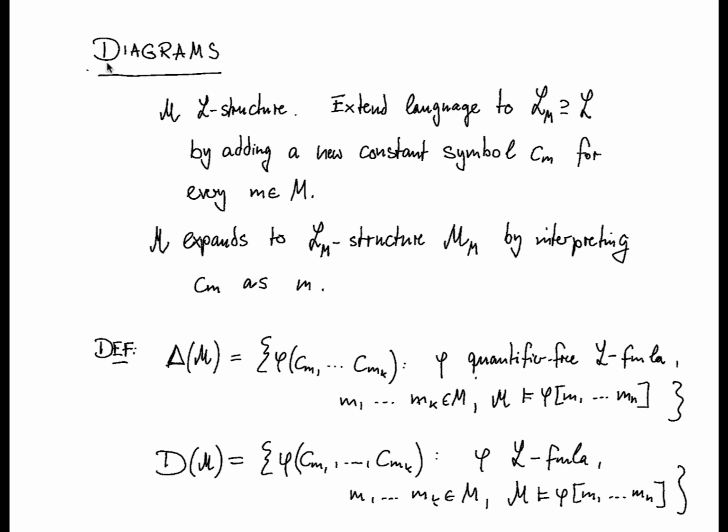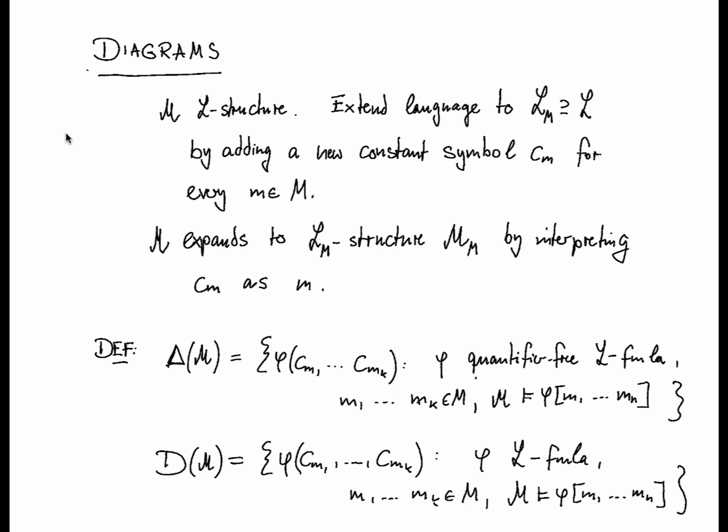So we have seen that for being an elementary substructure, a crucial property was that we could now address in our formulas specific elements of a structure. It is possible to do something analogous on the syntactical side by introducing additional constants to the language that represent the elements of a specific structure.